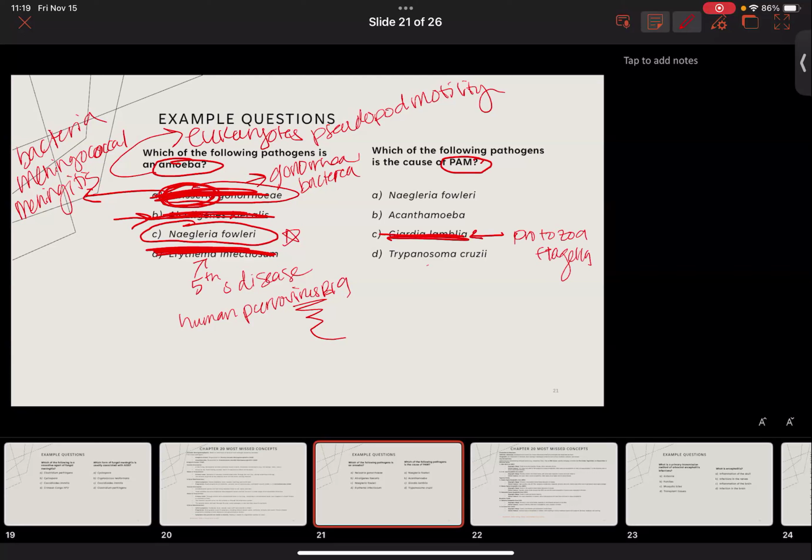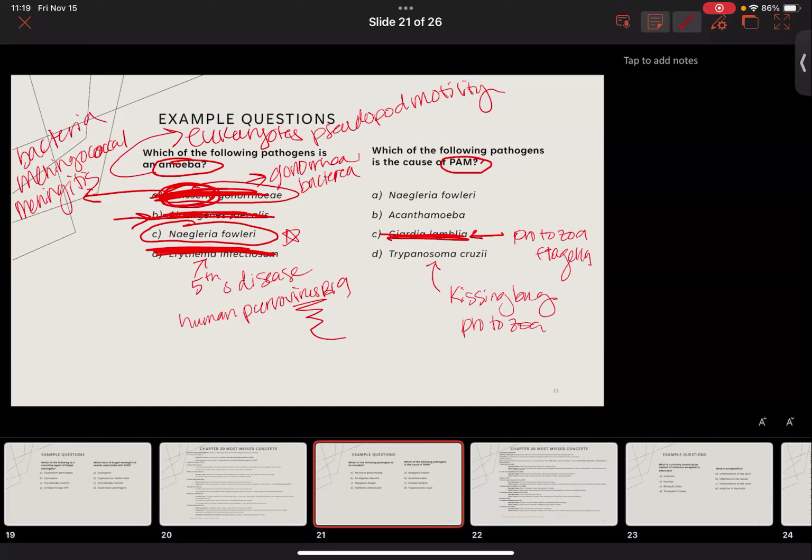What about Trypanosoma cruzi? Do you guys remember what this one is? The Trypanosoma is the one transmitted by the kissing bug. It is a protozoa. I think we're getting into this one in the next chapter, so it's all in my brain at one time for me. But this is a disease caused by a protozoa transmitted by a kissing bug. This is a protozoa, but this one is not an amoeba, okay?